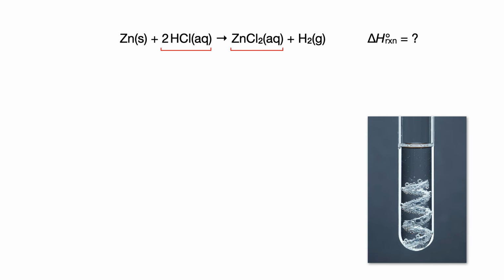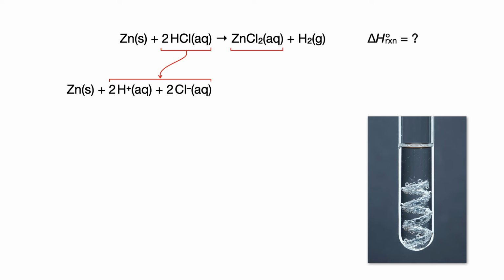has to do with the fact that those are aqueous ionic substances, and so when they are in water, those ions are actually dissociated. Something like HCl in water dissociates into ions, and so this really represents 2 moles of hydrogen ions in solution plus 2 moles of chloride ions in solution.